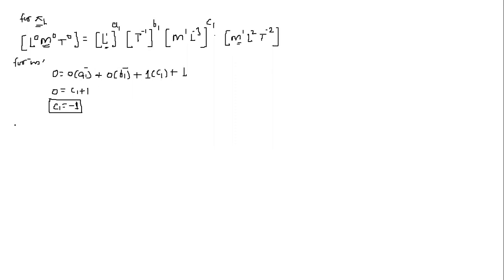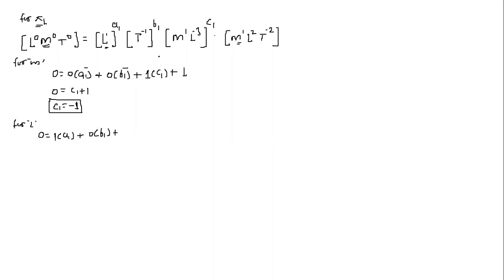So we'll go for L, comparing the power for the dimension L. For the left hand side, it's 0 is equal to, now in the first term, that is A1, there is L with power 1, the length dimension. So the multiplying factor will be 1 into A1, plus, now in the second term we don't have length. So the multiplying parameter will be 0 into B1.